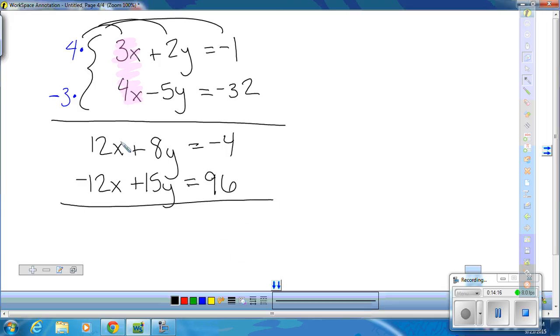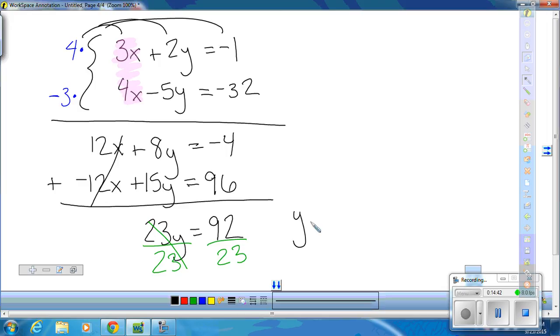And now when I add them, these cancel. 8 plus 15 is going to be 23y. And 96 and negative 4 is going to be 92. Again, x's went away. I have one equation, one variable. All I have to do is divide by 23. 23's are going to cancel out, and y is equal to 4.